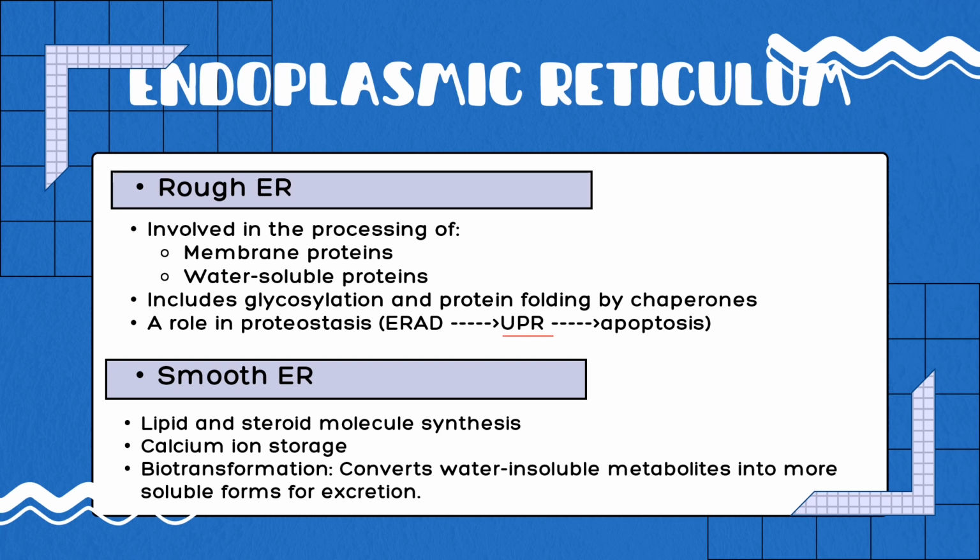So in this case, there's no protein synthesis. The cell thinks, okay, if there are no proteins being produced, then there cannot be any proteins that can be misfolded, and therefore I can prevent proteotoxic stress. This is how the cell thinks about it.